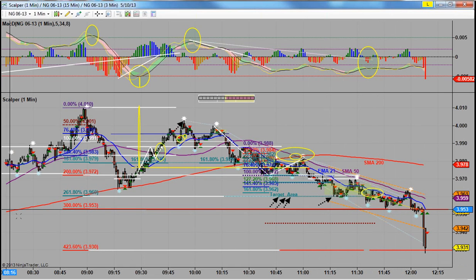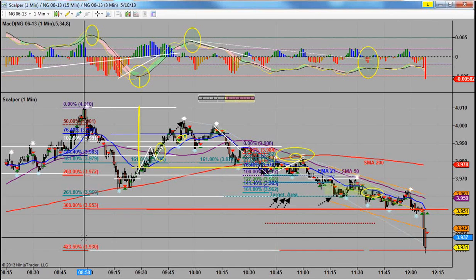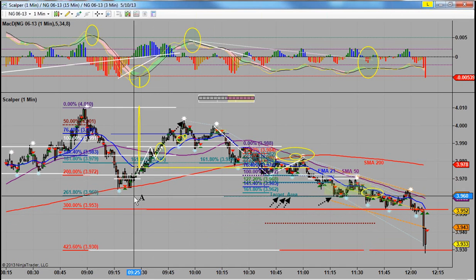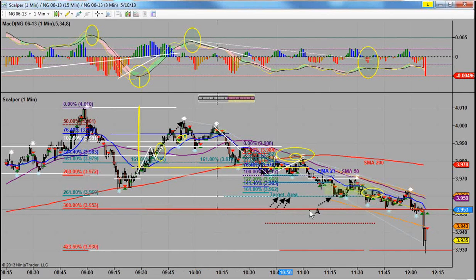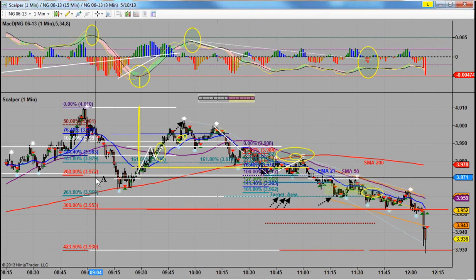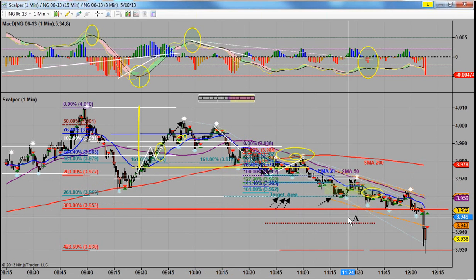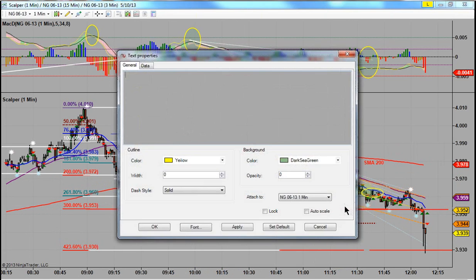So this is from a fib combination. It's just support and resistance. You can see it at every one of these designations. Sorry, I'm all over the map there.